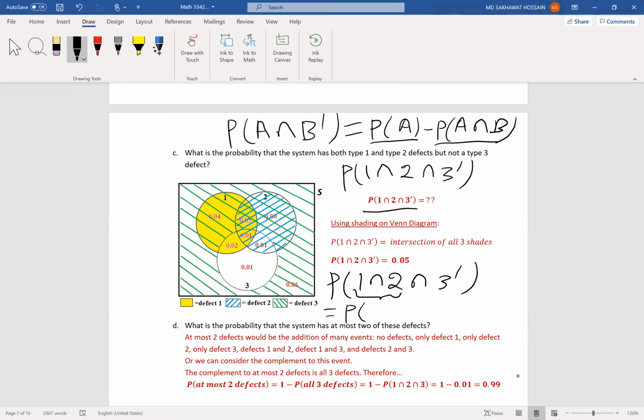So that means 1 intersection 2 minus the probability of, can anyone tell me, 1 intersection 2 intersection 3 or 3 complement? Anyone? So it is 3, not 3 complement.